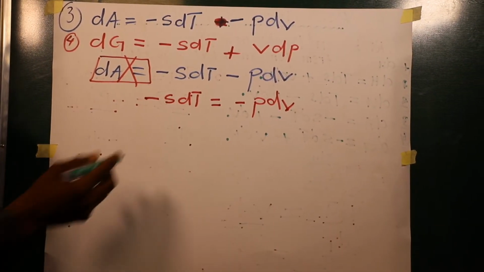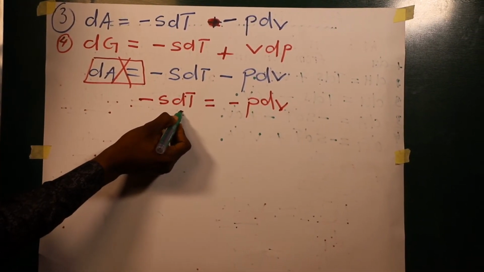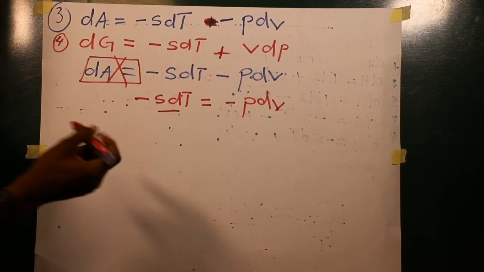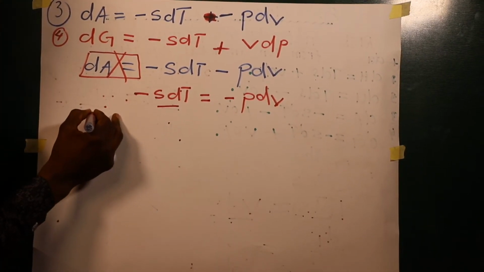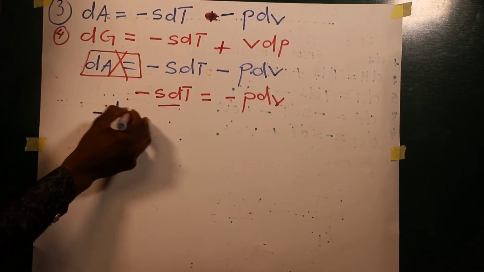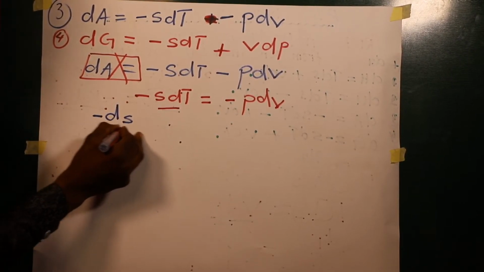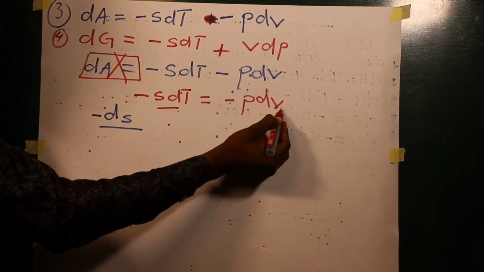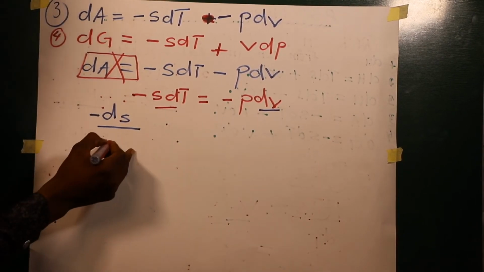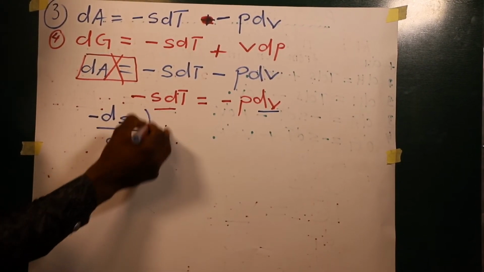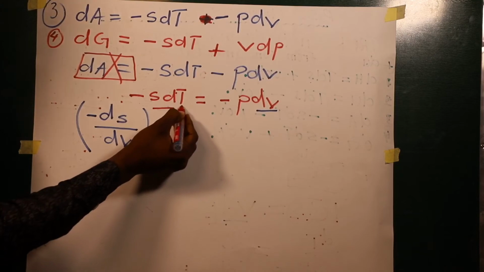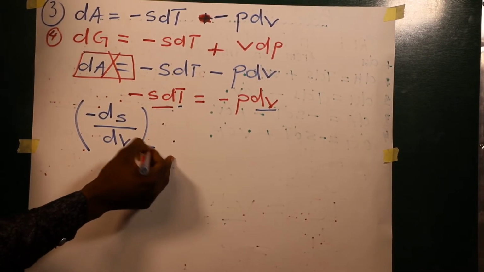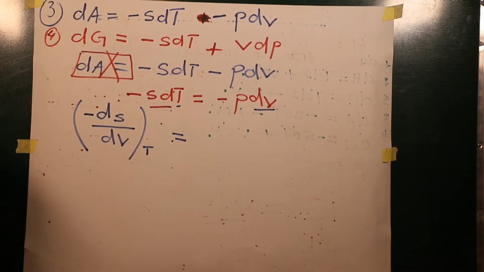So the second step here is we take the first two variables in the first part of the equation, that is minus dS. Then we divide it by the last two variables of the second part of the equation, dV. Then we close the bracket with respect to T, our equality sign.